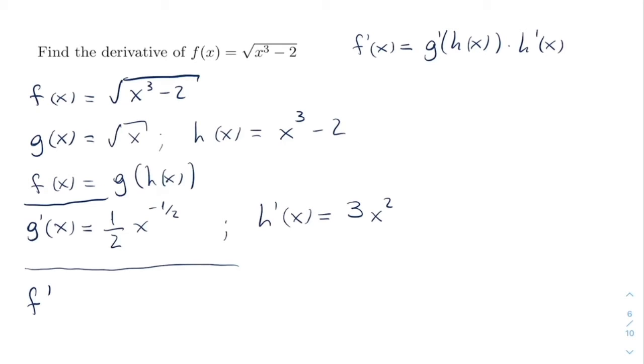So the derivative of f will be equal to 1/2 times x cubed minus 2 to the minus 1/2. Remember, here we're evaluating g prime at h, which is x cubed minus 2, and that is multiplied by the derivative of the inside function, h, which is 3x squared. So that is how you use the chain rule to find derivatives of more complicated functions. Let's do another one now.